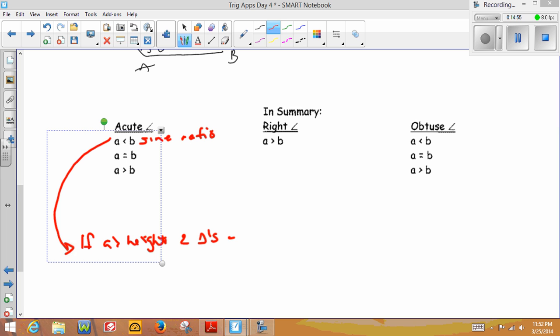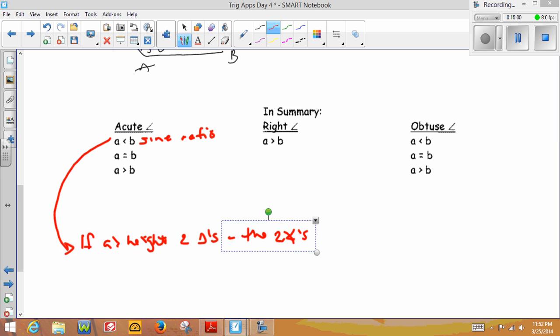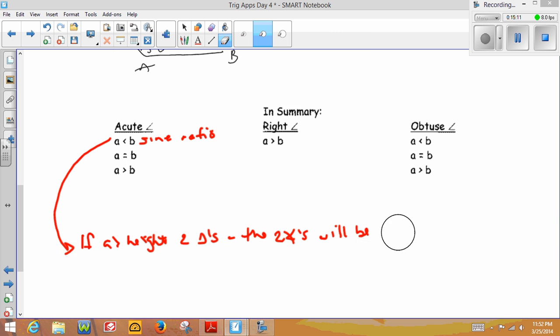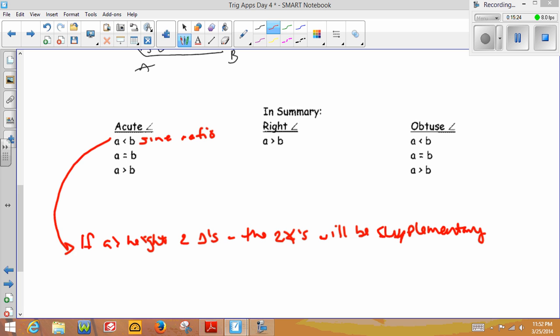And something I didn't tell you in the front is the two angles will be supplementary in the acute and obtuse triangle. And I'll show you what I mean in a second.